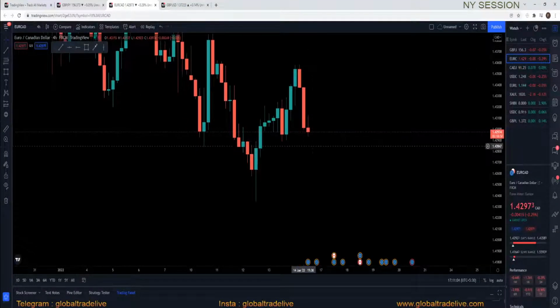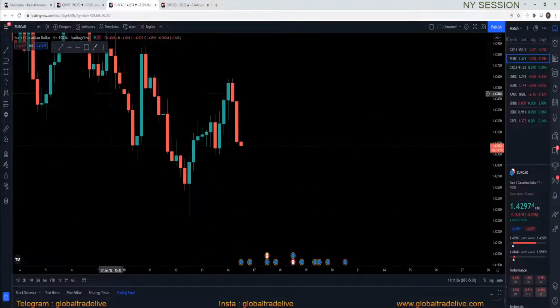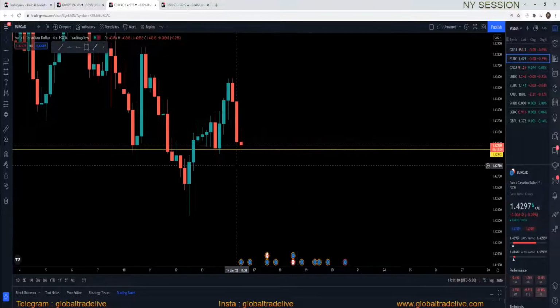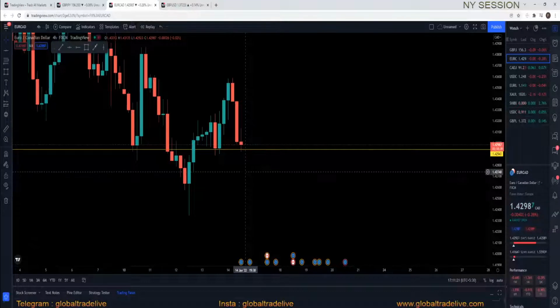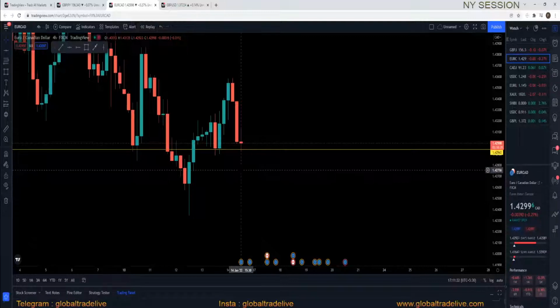Now this is the 4-hour, and over here the market is at a strong support level, which is also the POI we marked. To move down, candles have to disrespect the POI or break the POI zone, and then sustain or stabilize price below that zone so the market can easily move down from there.